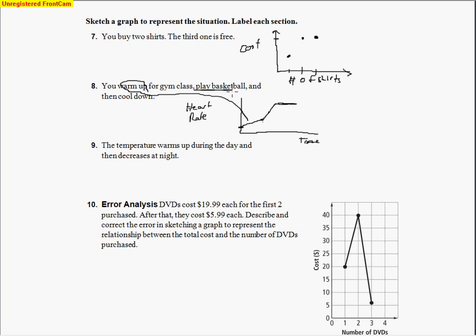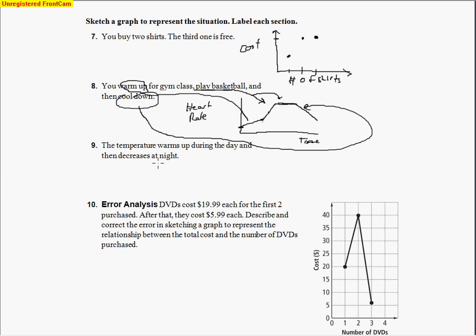So as we play basketball, it increases at first, but then starts to taper off, still quite higher than it was before. But then we start to cool down, and we're going to end up decreasing our heart rate. So the cool down right here would be represented by this line at this stage. So here it says the temperature warms up during the day and then decreases at night.